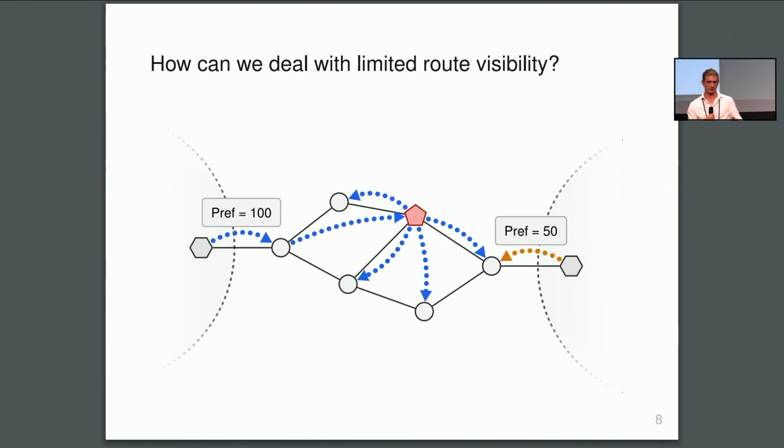We can do the same thing as before with the right border router, making it update, but then we are stuck because the route reflector is the only one that selects the blue route and knows about the orange route. But as soon as we make that one update, it would also cause the other routers in the network to update because it would replace the blue route by the orange route.